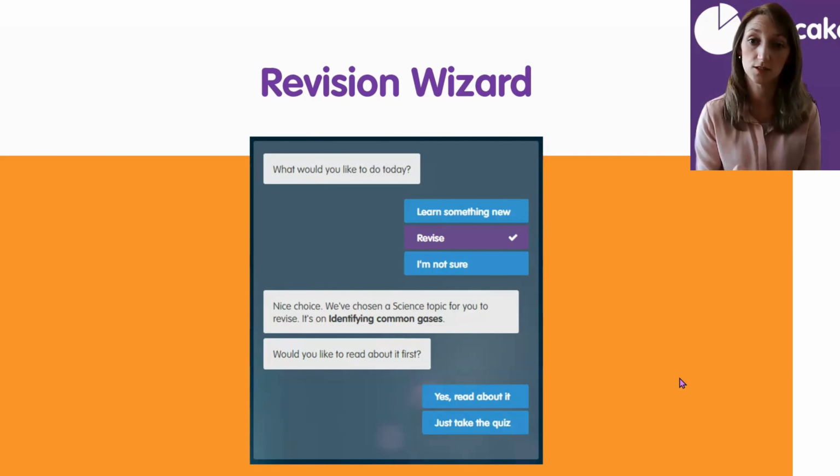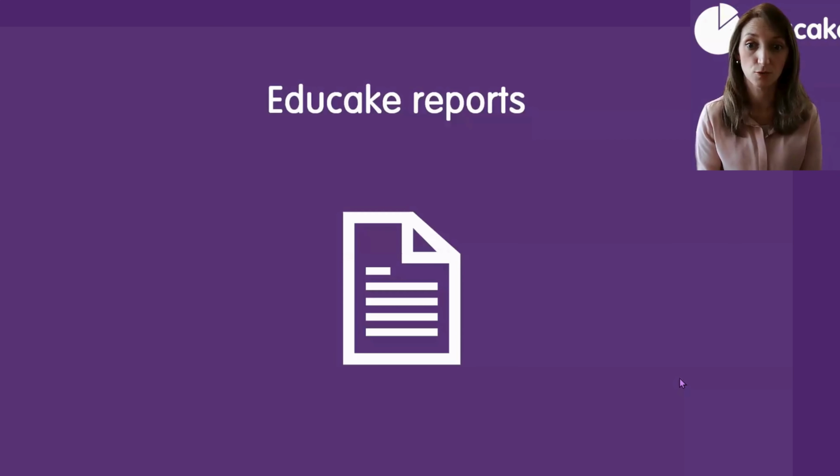They just click Revision Wizard and it gives them 3 options: learn something new, revise, or even I'm not sure. And the system will generate quizzes tailored for that student. So it's just a repetitive button that they can press, and they just get really, really valuable quizzes that are differentiated for them.